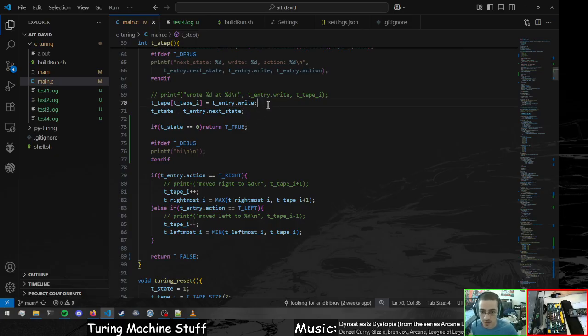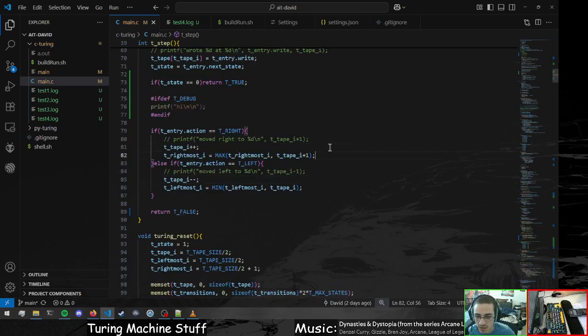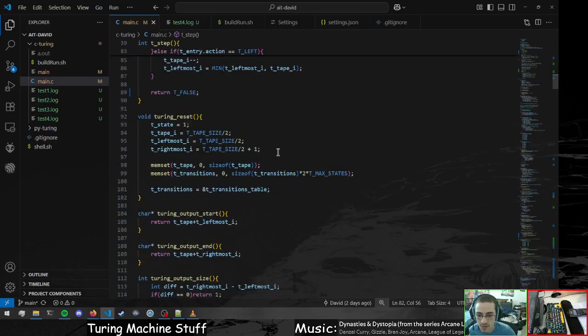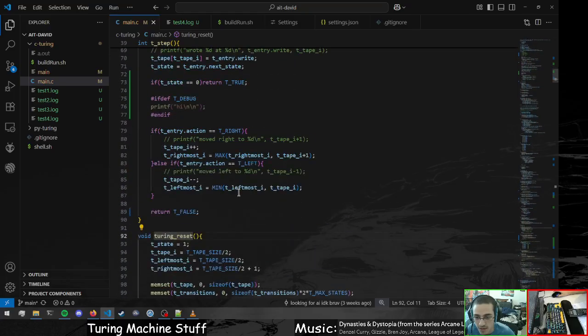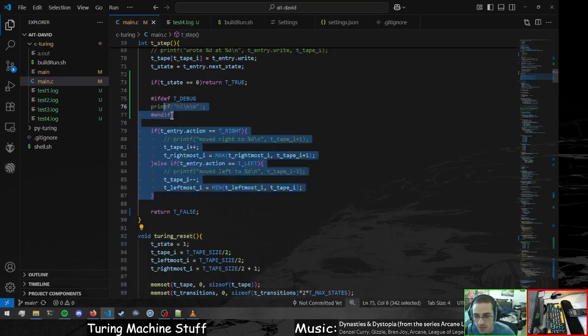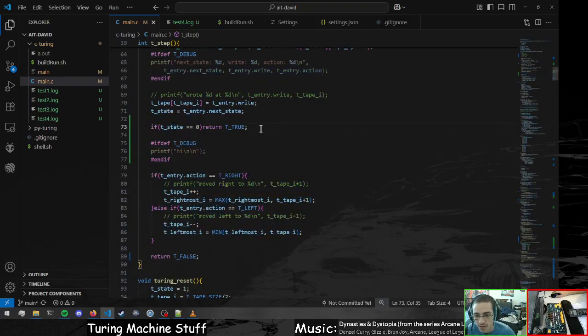I kind of just wrote this quickly and I didn't actually look at it closely. I just went as quick as I could. But maybe Turing reset is weird. I don't know, maybe not.